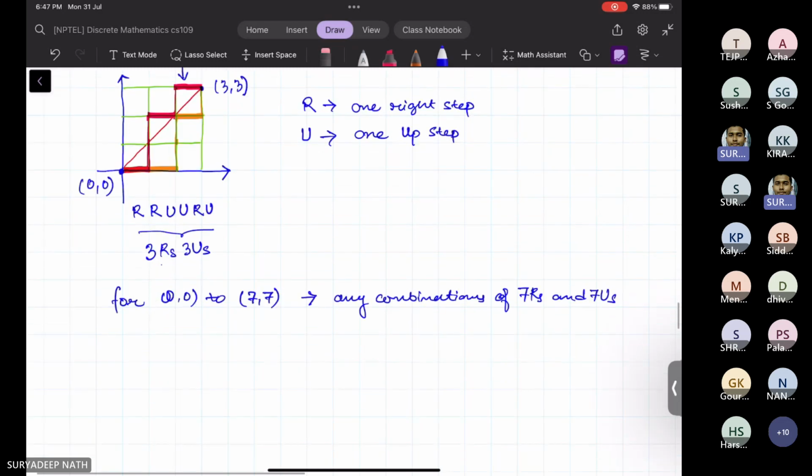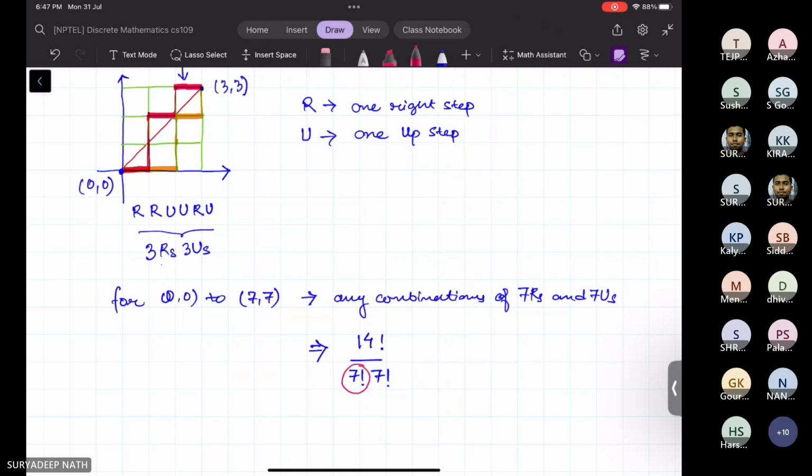So that gives us a total of 14 factorial divided by 7 factorial times 7 factorial.